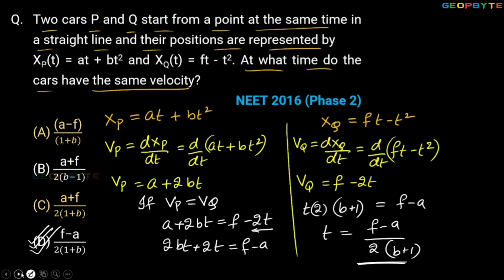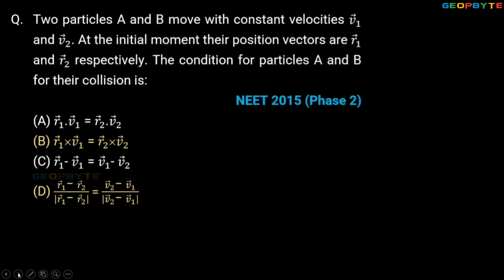Similarly, look at another important problem asking like this. Two particles A and B move with constant velocities v1 and v2. At the initial moment, their position vectors are r1 and r2 respectively.